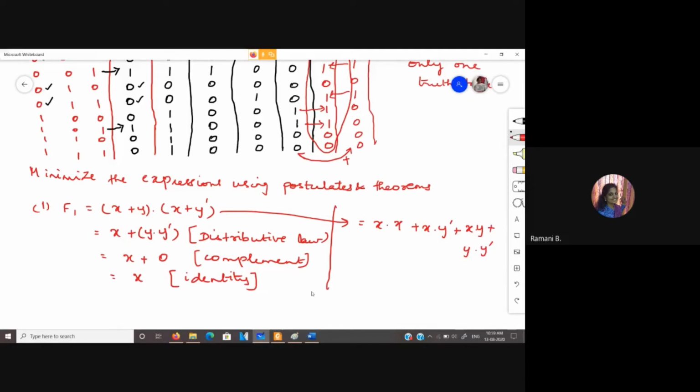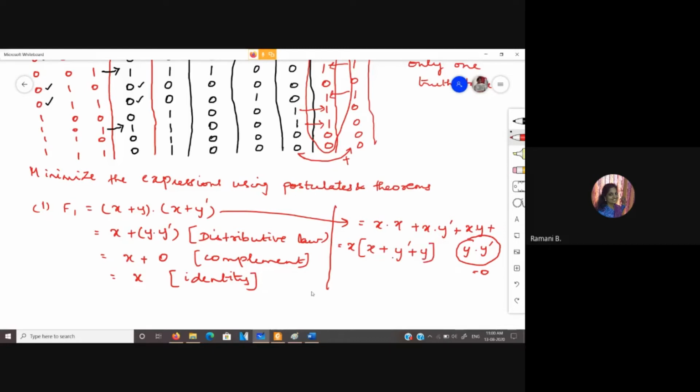So now you have to start simplifying. This y dot y bar is 0 with respect to the complement property, and for the other elements you can take x common outside and you will be having x plus y bar plus y.